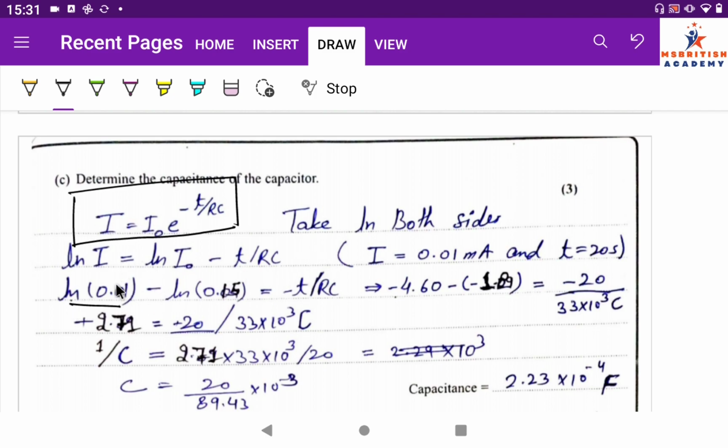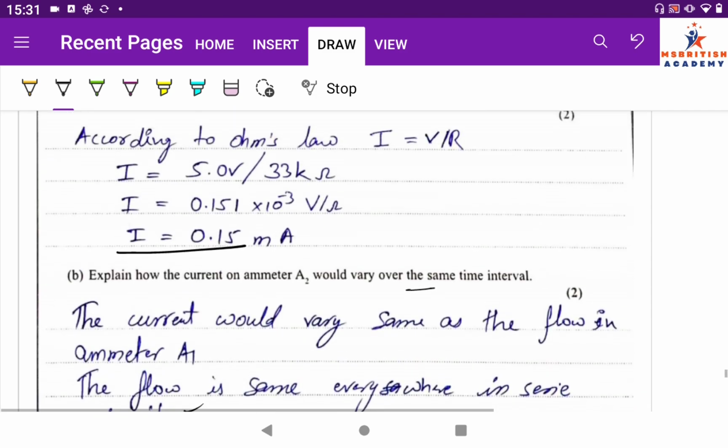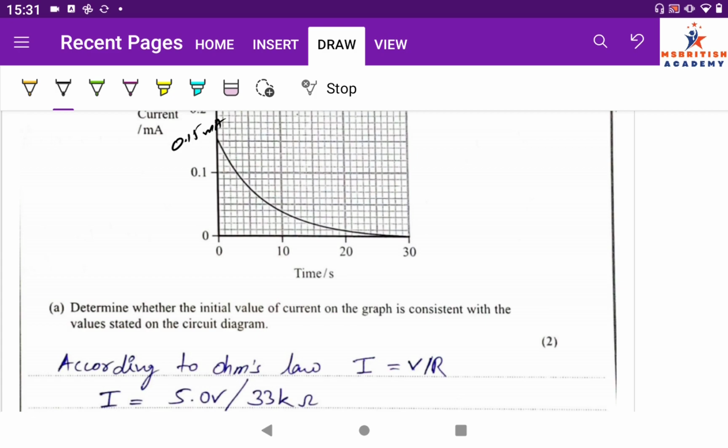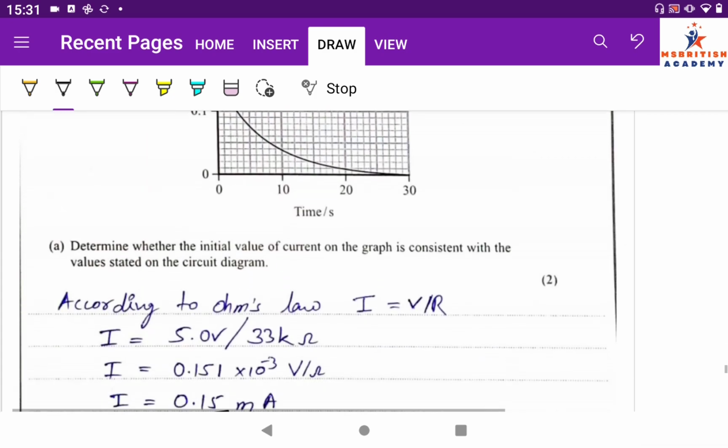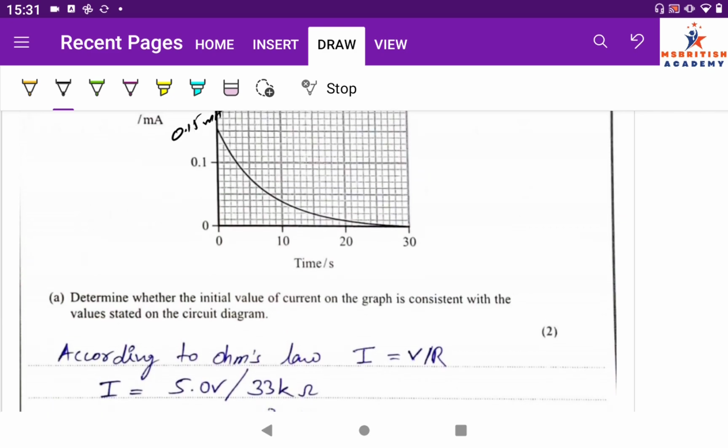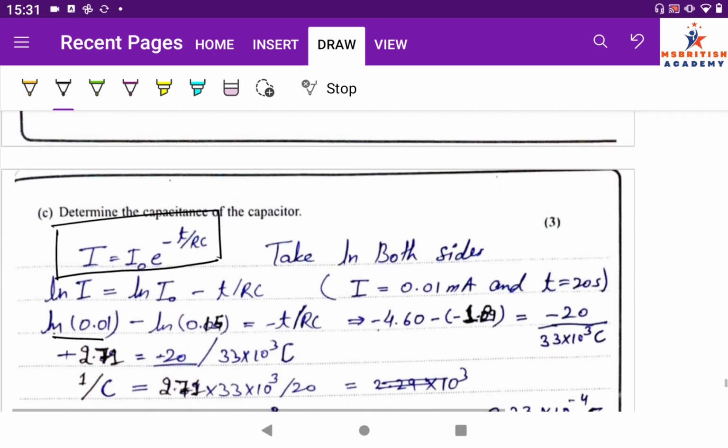The final current is almost 0.01 milliampere, and initially it was this, and it is equal to minus t by RC.